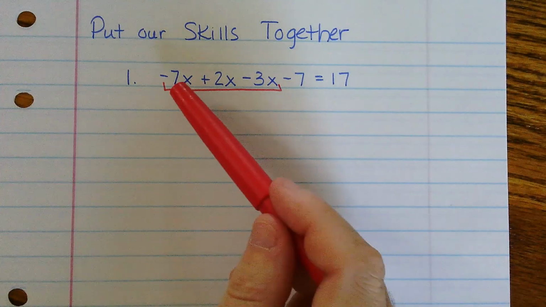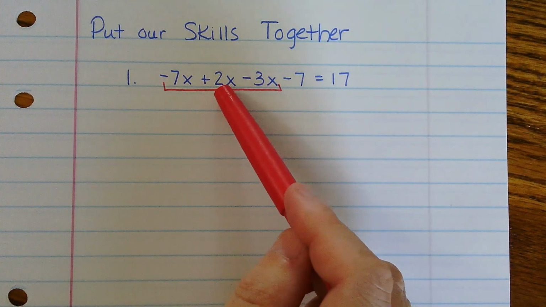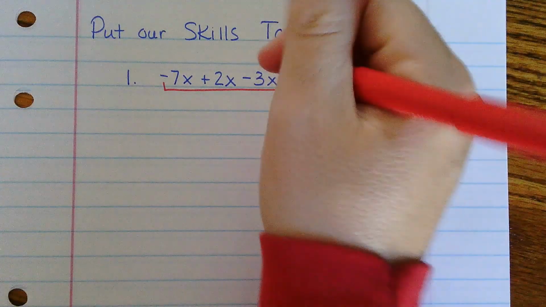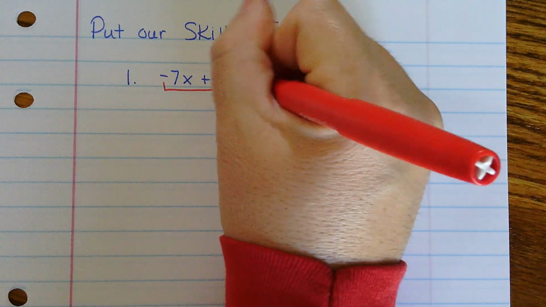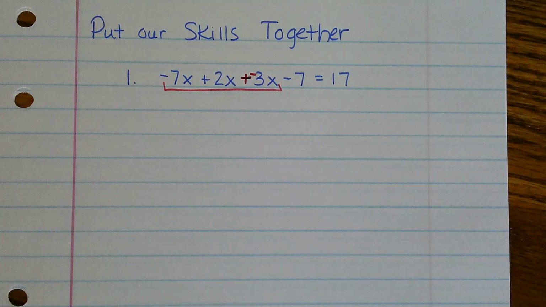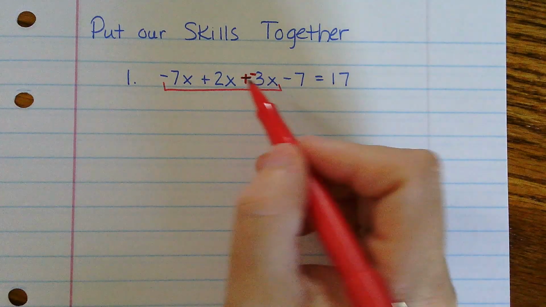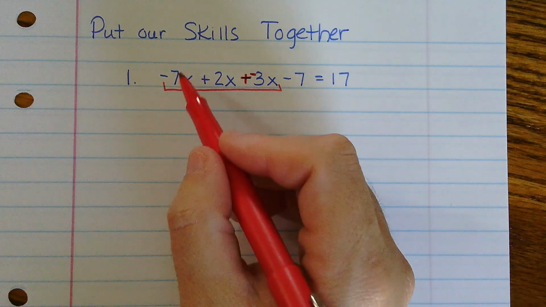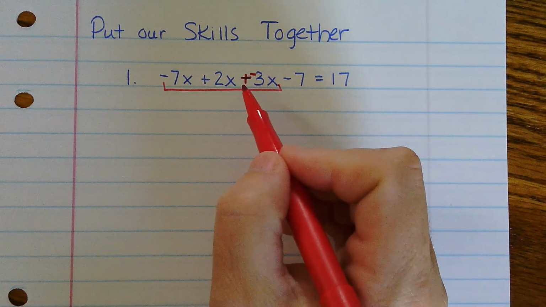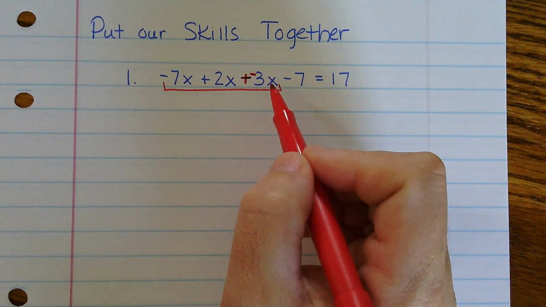So I've got negative 7x, and then I have a positive 2x. Oh, I got a minus sign. So I'm going to change this to plus negative 3 so that I can see what all I'm dealing with. What you should then notice is that for my negative team, I've got negative 7, and adding to it now, a negative 3. So that gives me negative 10.